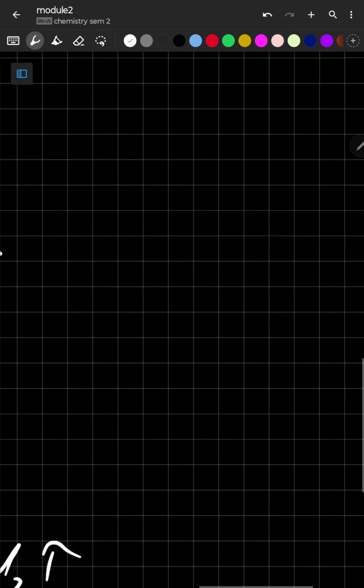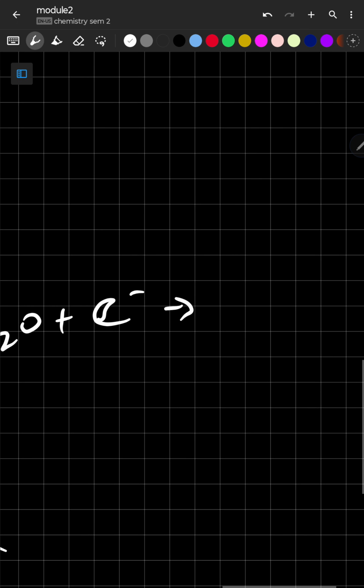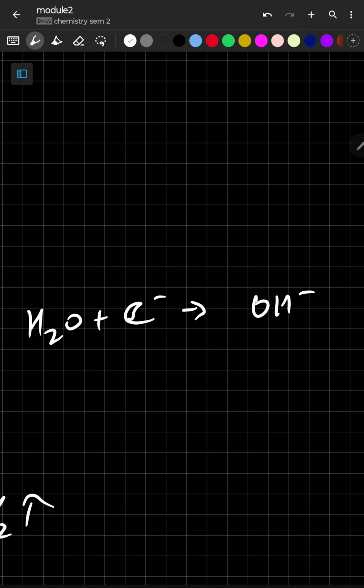Suppose the electron reacts with water: H2O plus electron is going to form OH minus ions. Just for example, you can do the balancing.